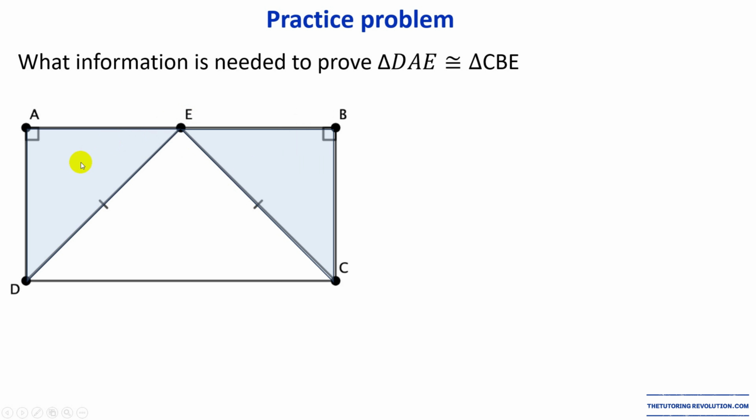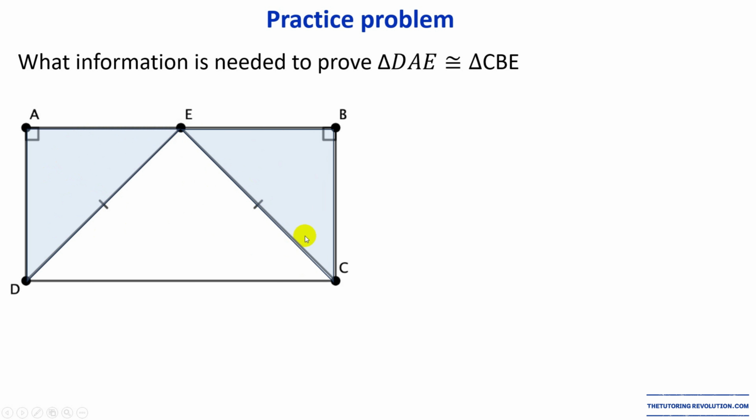So what I see here is that these two triangles are right triangles. So since they are right triangles, we can use the hypotenuse-leg theorem that says that if the hypotenuse is the same, which it is, you see this tick mark here and this tick mark here, thus telling us that the hypotenuse of this right triangle is the same as the hypotenuse of this right triangle.